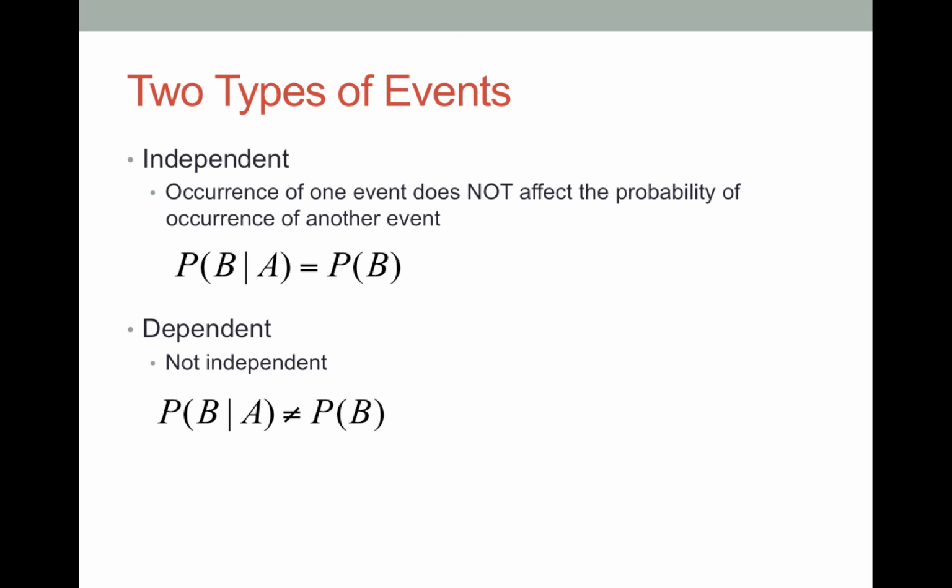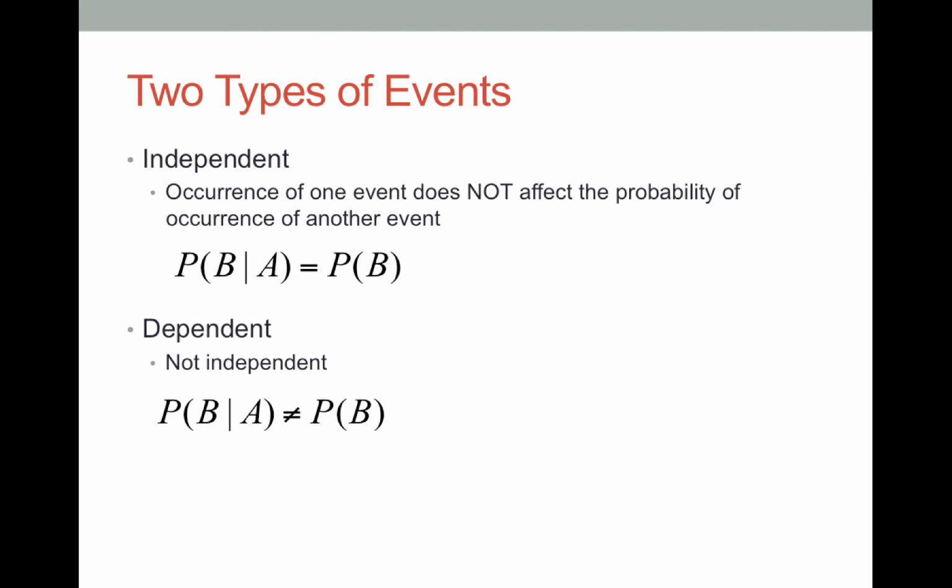Well, maybe I'm being silly here, but dependent is simply not independent. So that equation we see under independent is simply not an equation now. In other words, conditioning on A does change the probability of B.